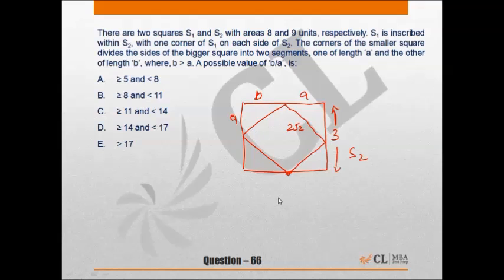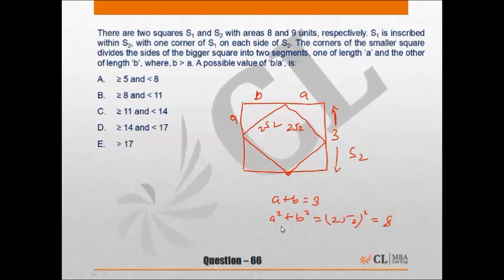So from here we have A plus B equals 3, and A square plus B square will be a square of 2 root 2, which means 8.